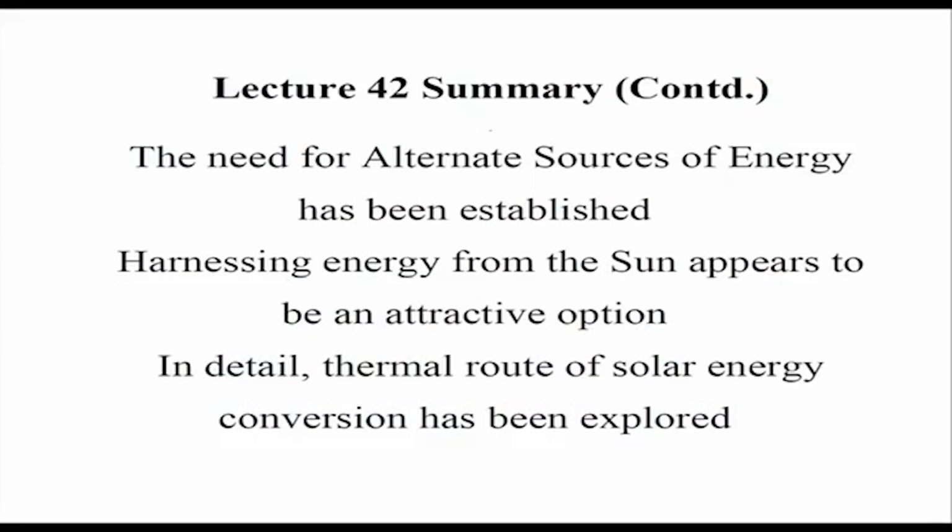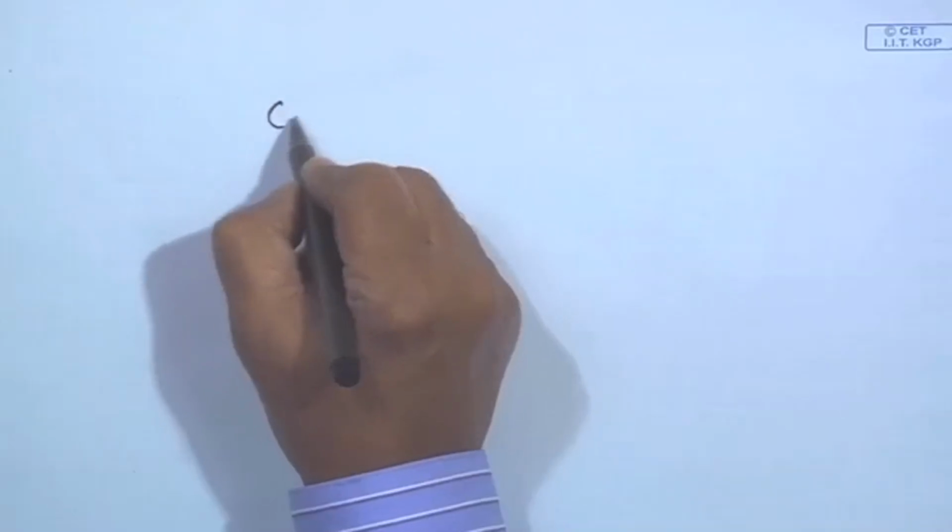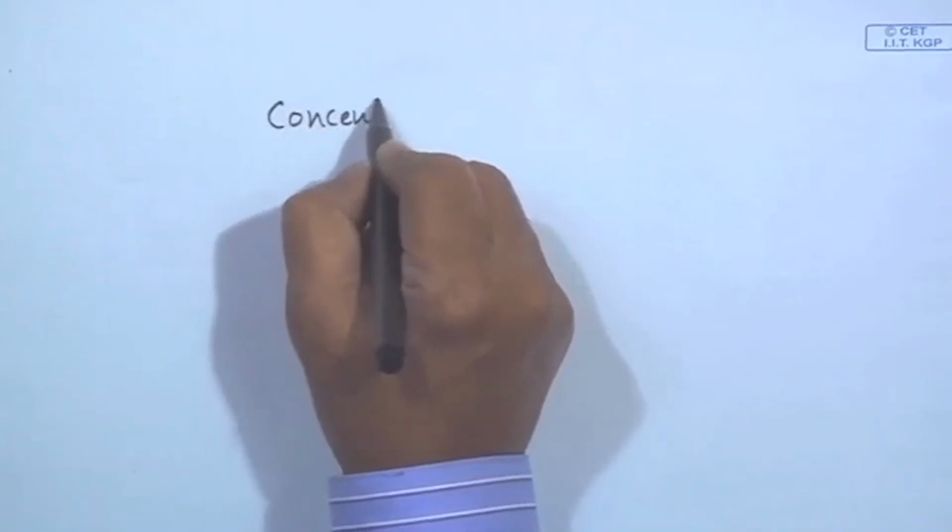Last time we have been summarizing whatever we covered in this course so far, and we shall continue with that summary. If I recall right, we were summarizing up to concentrating collectors.